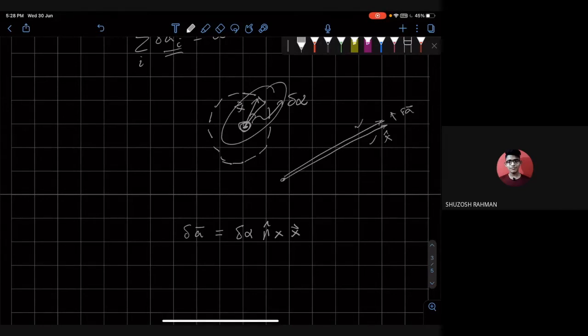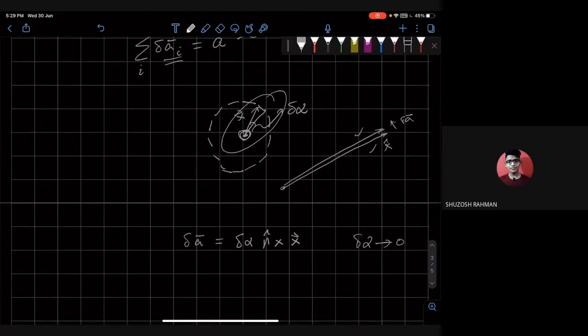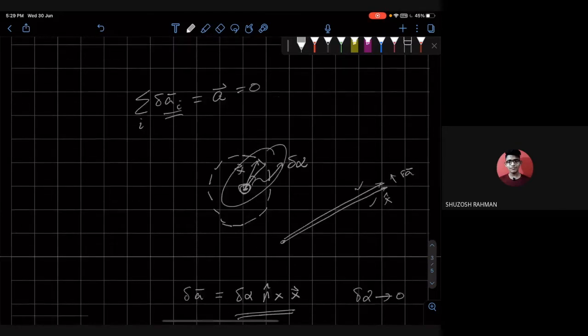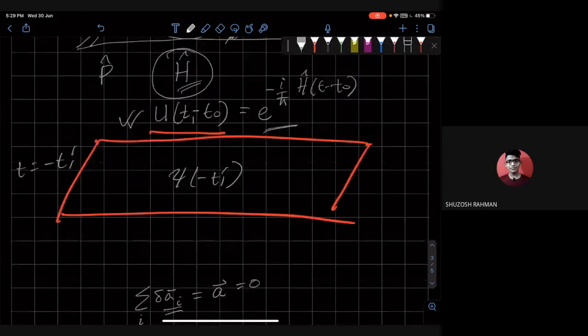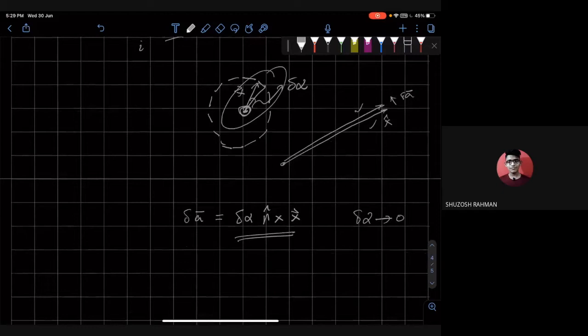In the limit we are going to take, where delta A goes to 0, those two things will become the same.